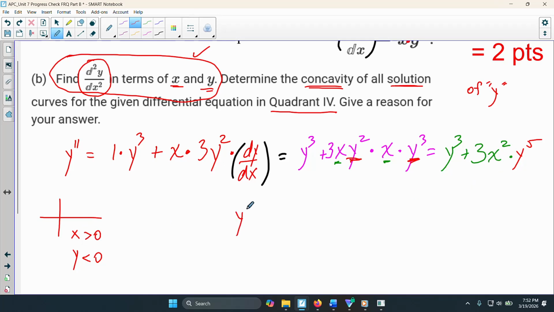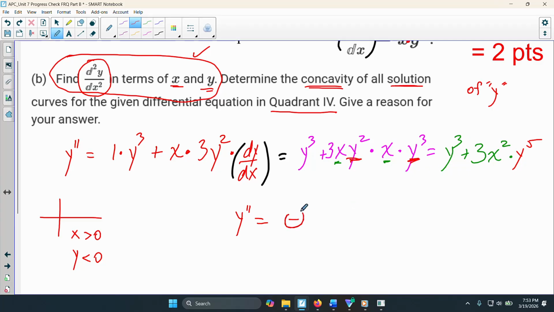So for the second derivative, I'm just going to cheat and write y double prime equals, in that quadrant, y to the third. Sorry, I misspoke. The y to the third, if it's a negative number, like put negative 1 for all I care. Put a negative number.